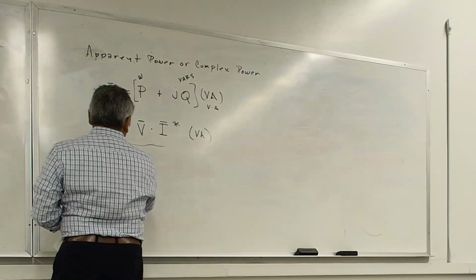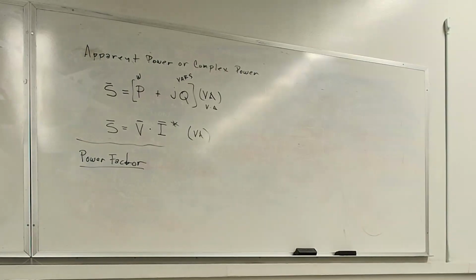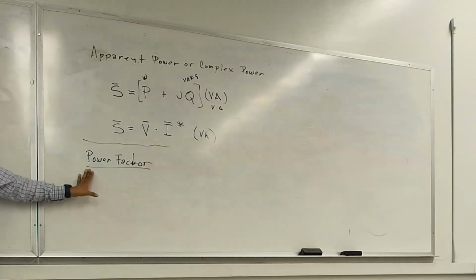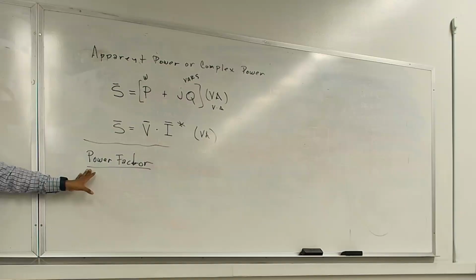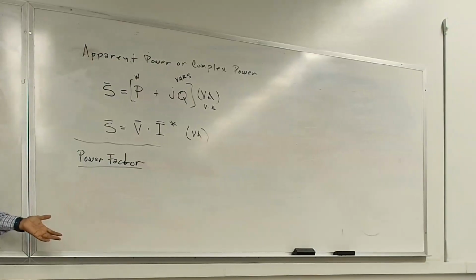If you go read most books, it tells you power factor is the cosine of theta. Yeah, that's the mathematical definition of it. But what is it? I see this in books all the time: the definition of power factor is cosine theta. Yeah, but what does that mean?